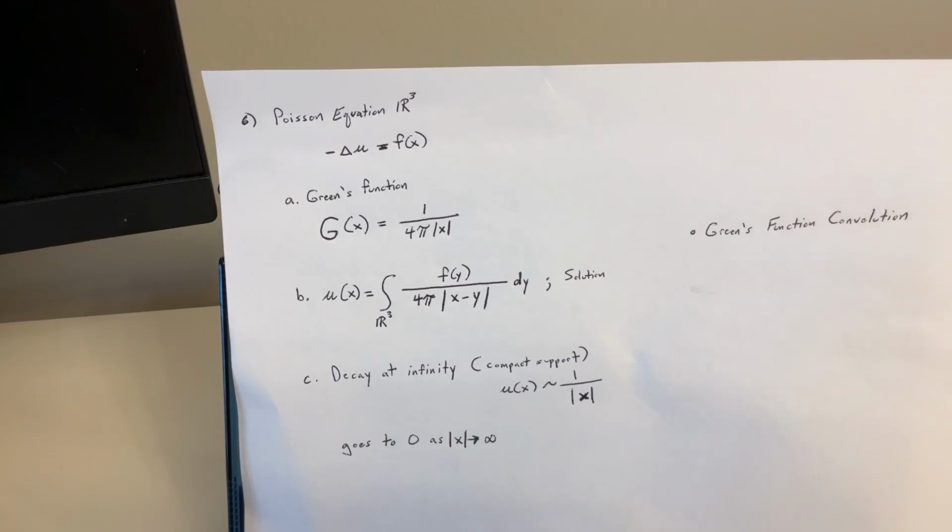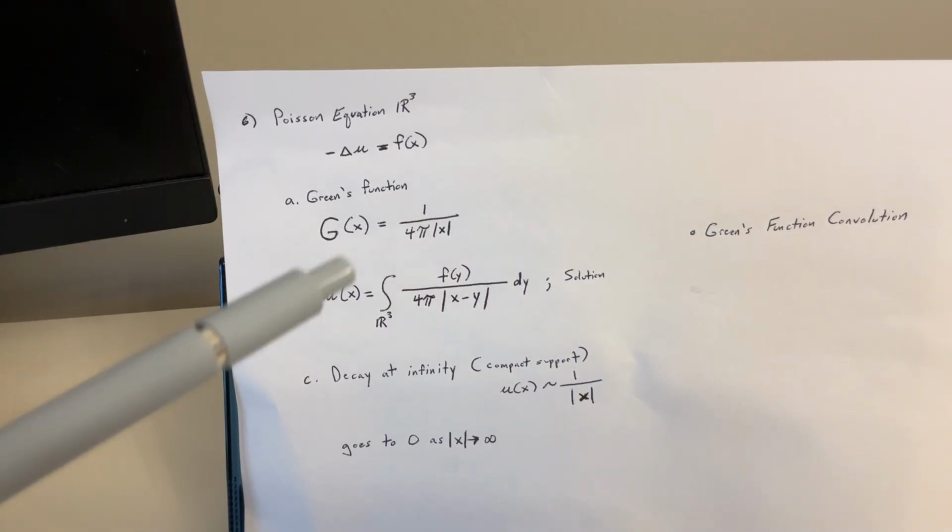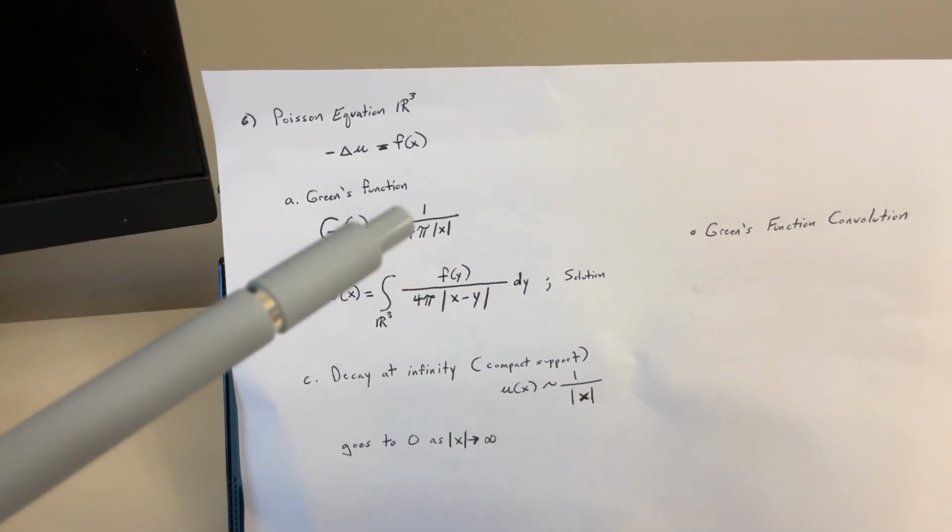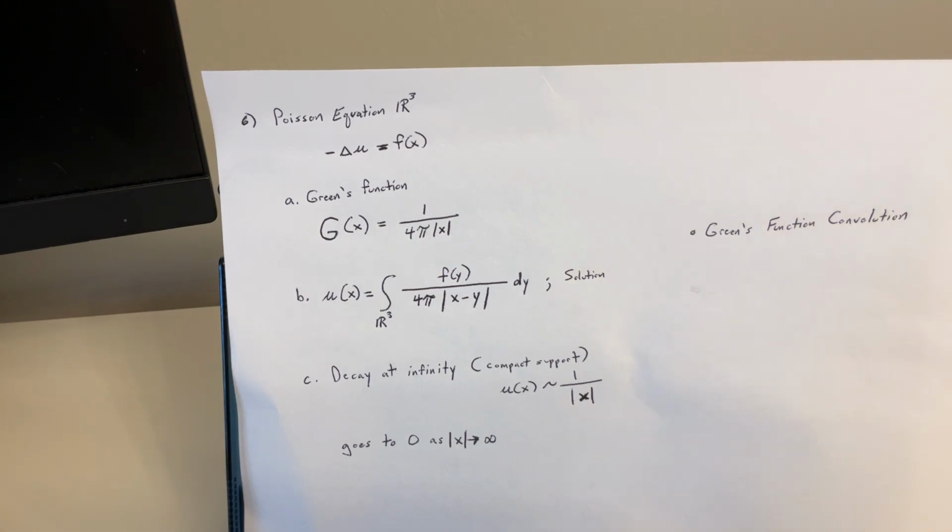So our Green's function, and remember, familiarize yourself with Green's function. If you forgot, go back in your textbook or online. The relationship is that G of x is going to be 1 over 4 pi times the absolute value of x. Okay, that's going to be letter A, and that comes from direct knowledge of how Green's function operates.